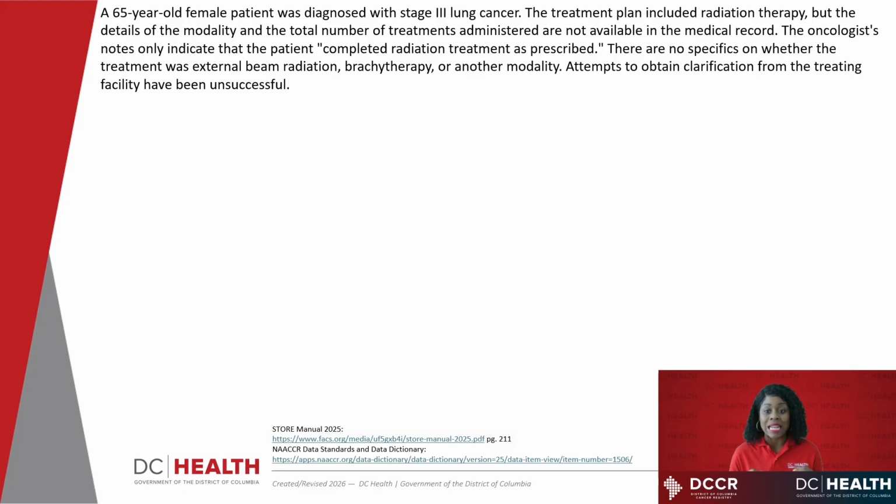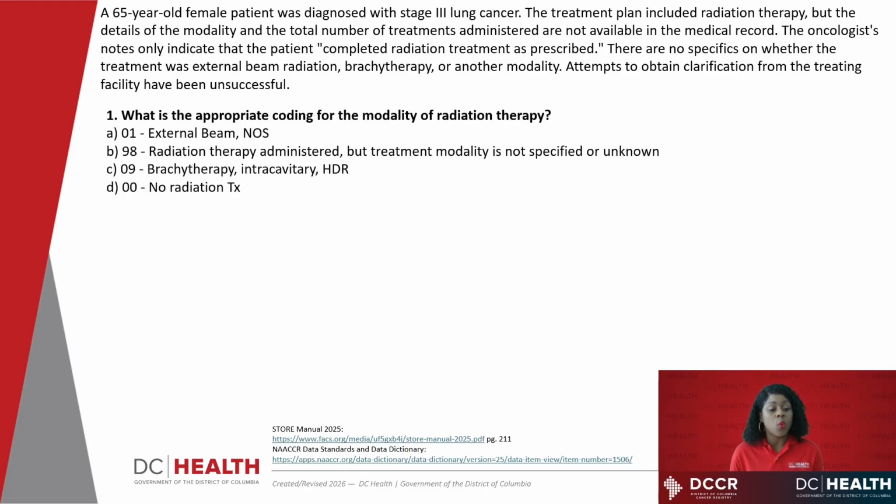Attempts to obtain clarification from the treating facility have been unsuccessful. What is the appropriate coding for the modality of radiation therapy? Is it A, 01, B, 98, C, 09, or D, 00?